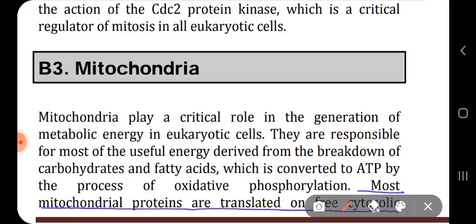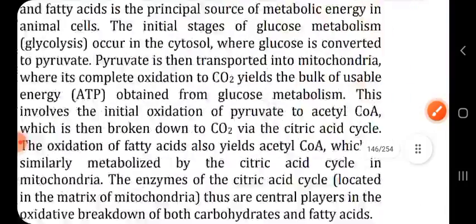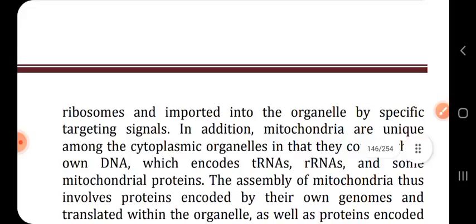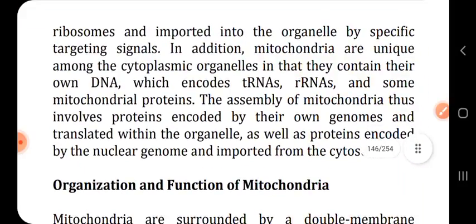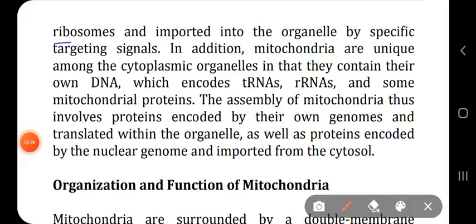So here the mitochondrial proteins are first translated on free cytosolic ribosomes, that means the ribosomes which are found in the cytoplasm, and then these proteins are imported to the mitochondria by specific targeting signal molecules.